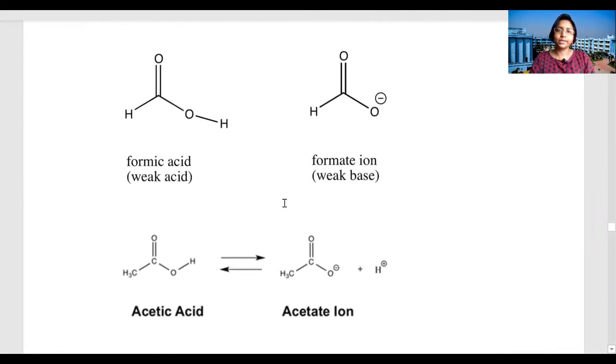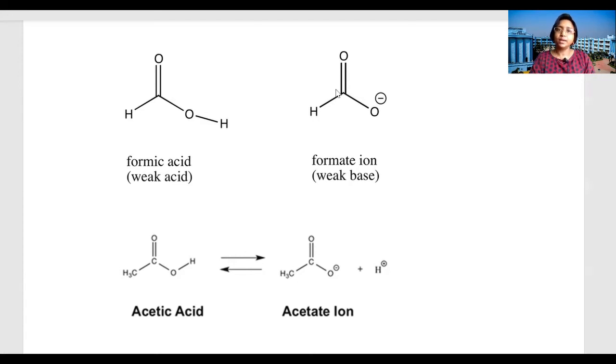Okay, so here you can see the structure. This is formic acid and this is the formate ion. And now this is acetic acid and this is the acetate ion. In the formate ion there is no methyl group, only hydrogen, but in the acetate ion there is a methyl group. So what will happen?